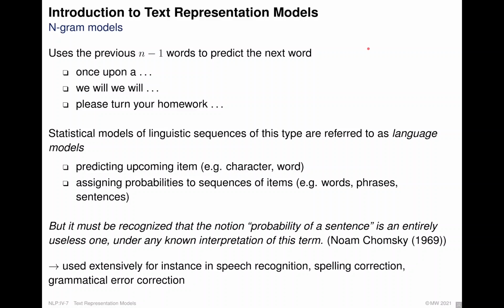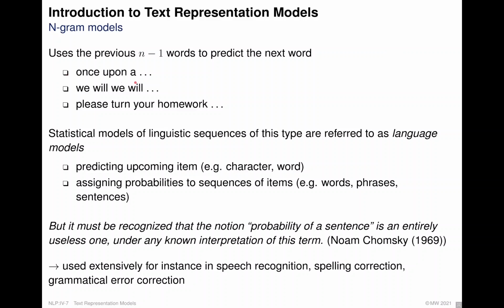Ngram models, or language models for the case of the Ngrams being linguistic units, are exactly these kinds of models. Based on the previous n-1 words, the language model will be trying to predict the next word based on some data. So here are some examples.